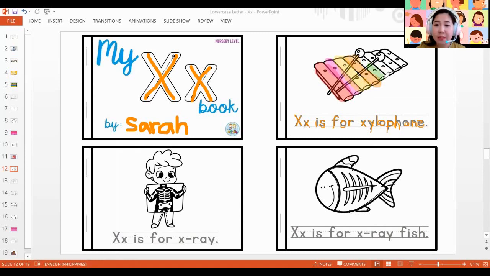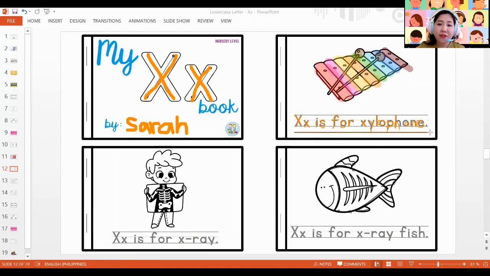So I want the picture of this xylophone to look like the one I have in my school. And this is what I like my xylophone to look like. So let's read it. X is for xylophone.